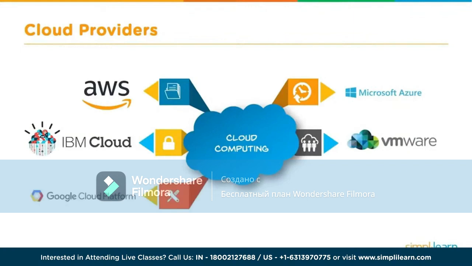Google Cloud Platform, on the other hand, is offered by Google. It's a suite of cloud computing services that run on the same infrastructure that Google uses internally for its end-user products such as Google Search and YouTube, which you're familiar with. Alongside a set of managed tools, it also provides cloud services including computing services, data storage services, data analytics, and machine learning services.